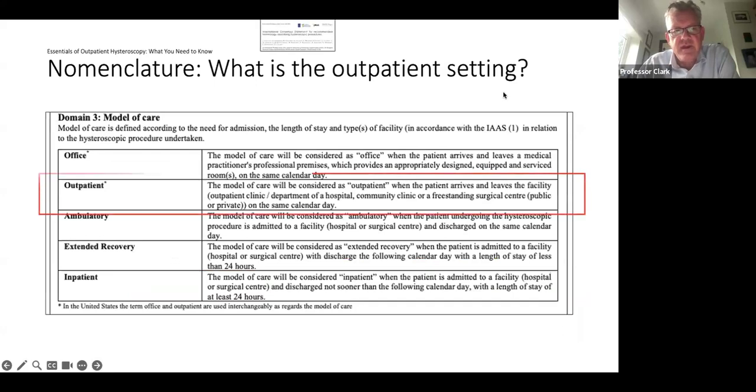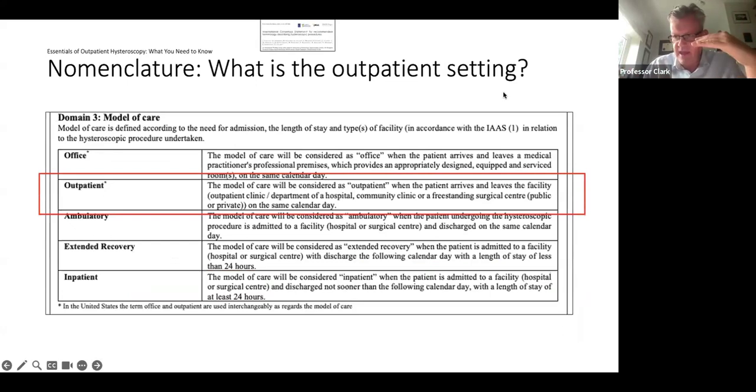Okay, so I think we've covered that. I was supposed to say, in terms of the model of care, the idea, of course, is with an office procedure and an outpatient procedure, the patient arrives and leaves the facility on the same day, and that goes without saying. The difference between that and what we're calling an ambulatory procedure, where patients are also discharged on the same day, is the fact that there's no need for a formal hospital admission.